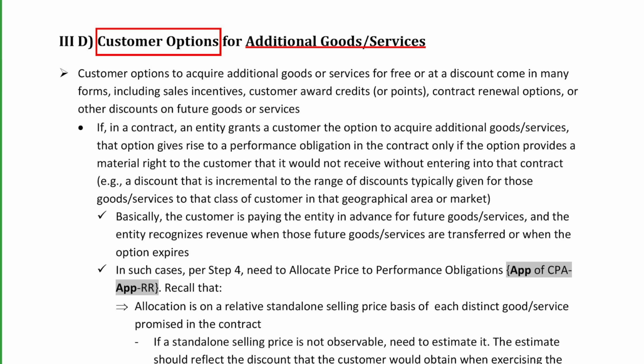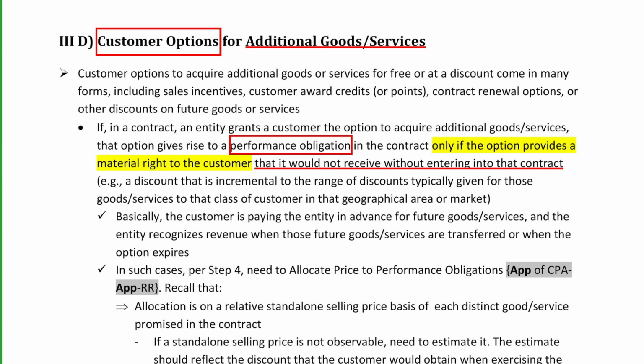So if the customer has options to acquire additional goods or services for free or at a discount, like sales incentives, customer award credits or points, contract renewal options, or other discounts on future goods or services, these could be a performance obligation in the contract, only if this option provides a material right to the customer that the customer would not receive without entering into that contract.